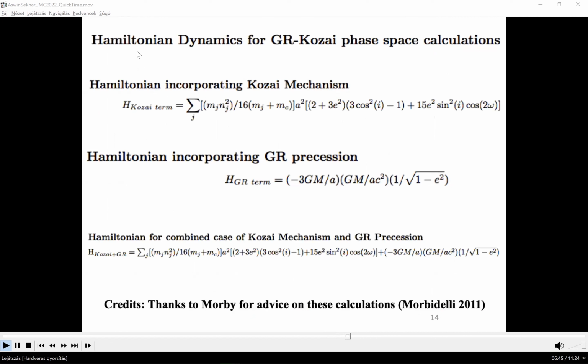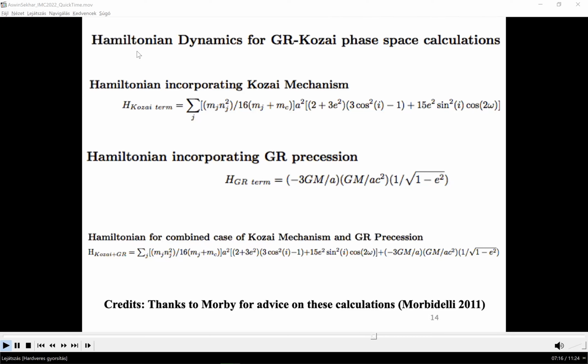One could do this analytically as well using Hamiltonian dynamics. So the way you do it is you take the Hamiltonian which incorporates the Kozai mechanism, then you take the Hamiltonian incorporating the GR precession, then you take the combined case of Kozai mechanism and GR precession, add these two Hamiltonians and check for conditions where you have phase spaces falling into the sun.